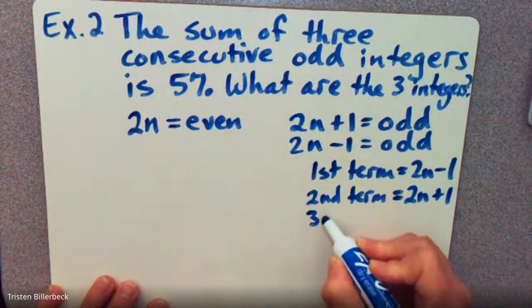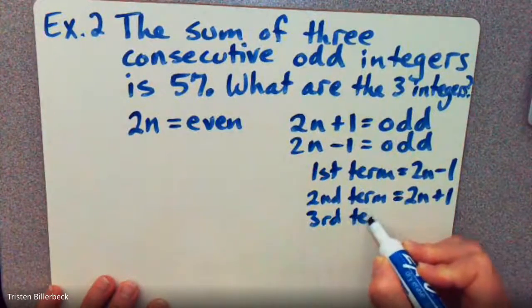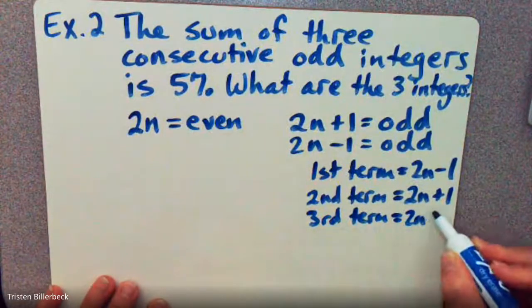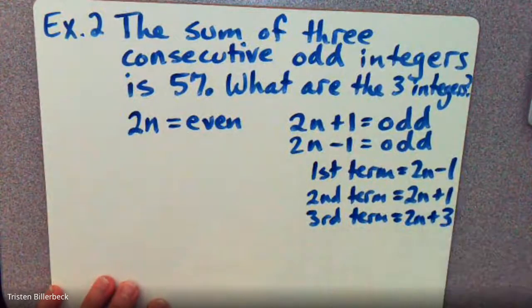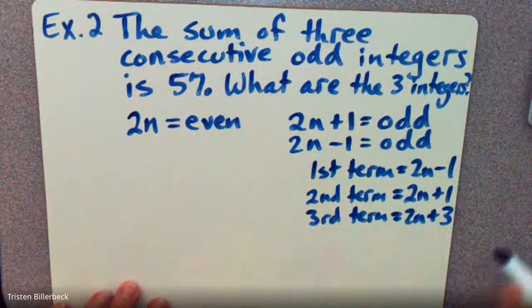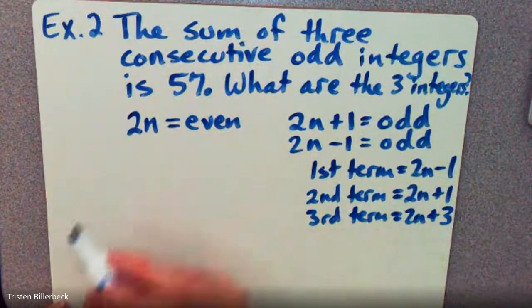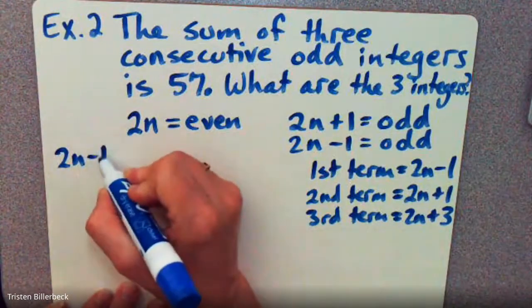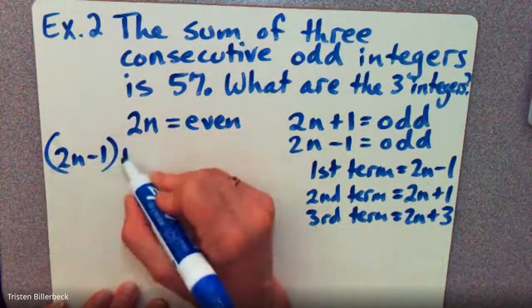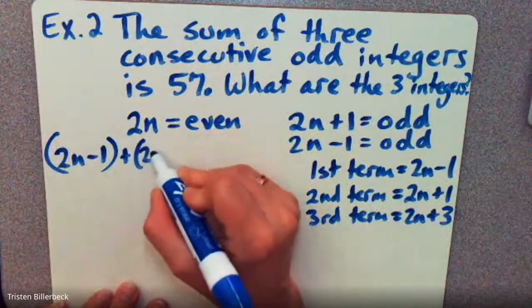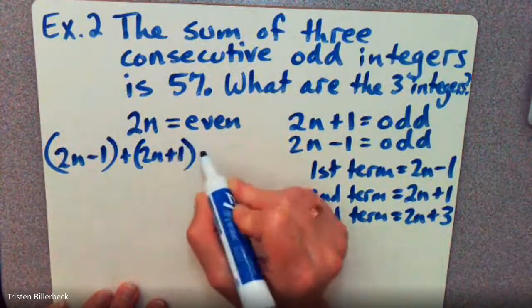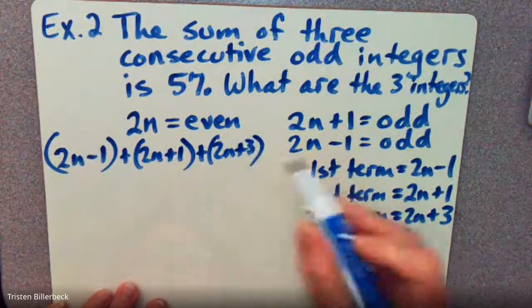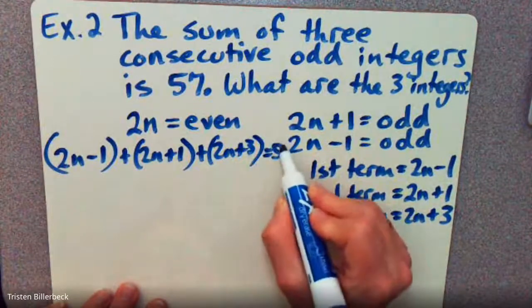And the third term will be 2n, and that'll be +3. So those are our 3 terms. They're 2 apart. So now we know that 2n minus 1 plus 2n plus 1 plus 2n plus 3 equals 57.